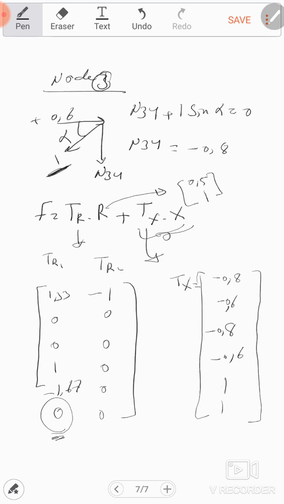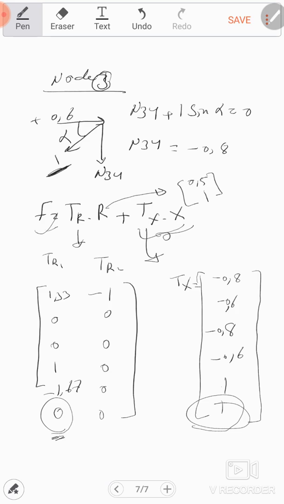Here, because we assumed it is 1, then just substitute these values in this equation.